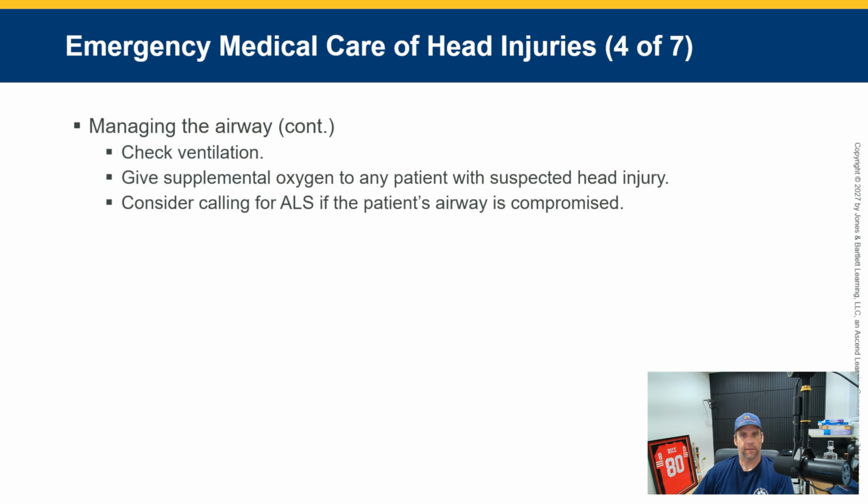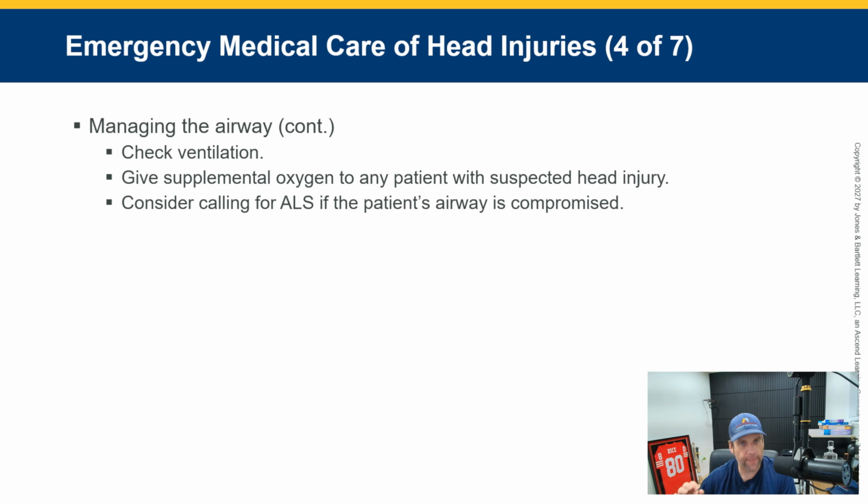After you clear the airway, assess whether the patient's ventilating effectively. Check the rate, depth, regularity, and tidal volume. In the field, tidal volume is just the chest rise and fall. You're going to provide supplemental oxygen based on the patient's condition and the targets that you have.